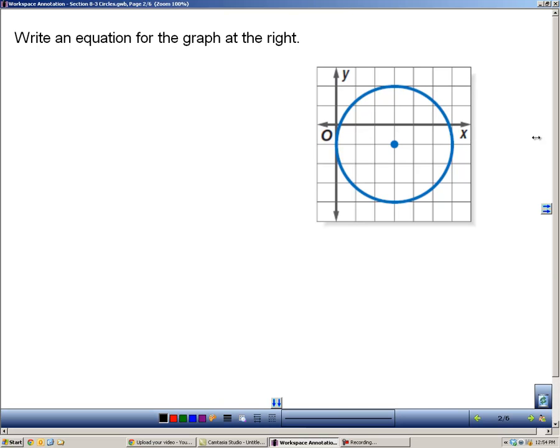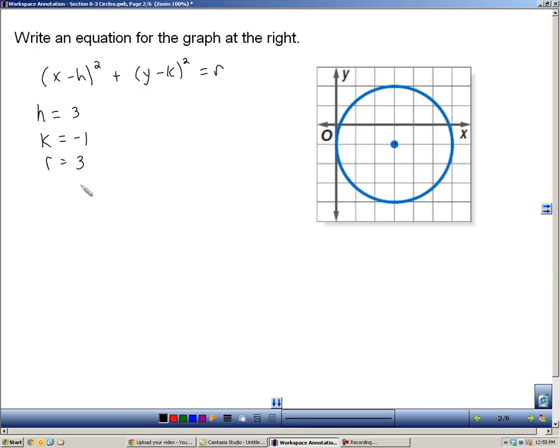Here we want to find the equation of this graph. So we'll start with the equation of a circle, and what we need is the h, the k, and the r. Well, the h and the k are the center. So the center of this circle is at (3, -1). So my h will be 3, my k will be -1. And if you go from the center to the outside edge, you'll find that the radius is a distance of 3.